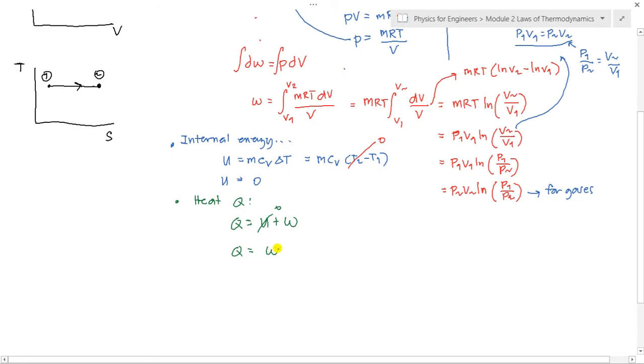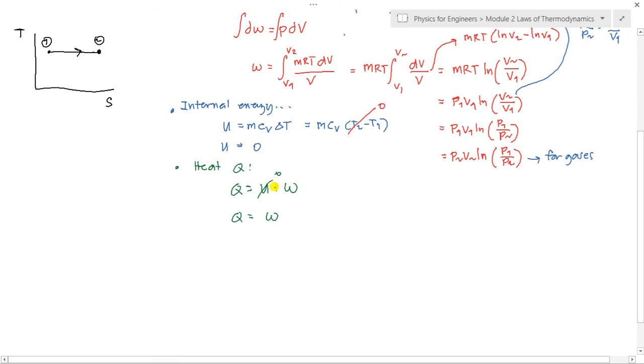Q is just equal to the work, which is mRT ln V2 over V1, or equal to P1 V1 ln P1 over P2. So it is up to you which to use. That is the heat.